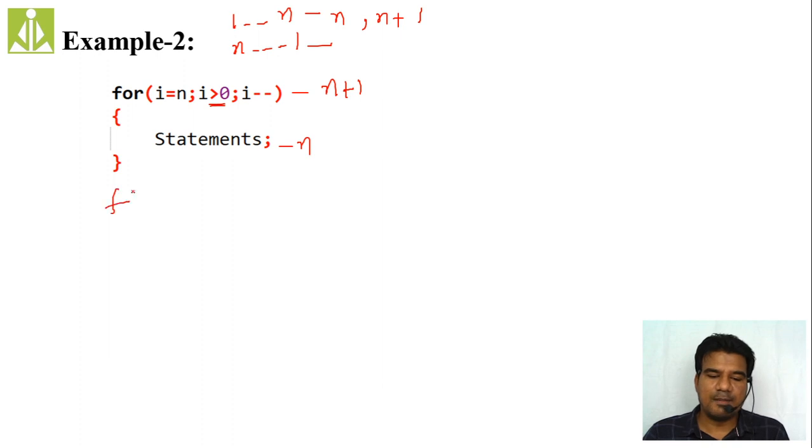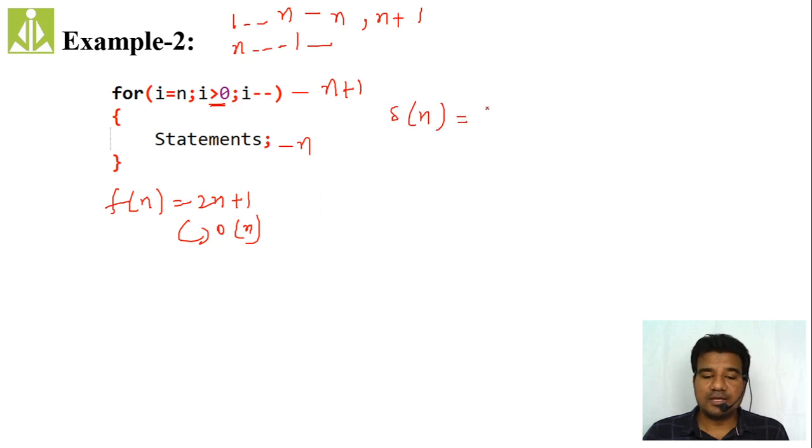Again, here my f of n will become 2n plus 1 and my order will be order of n. And my space function s of n, as I'm using only 2 variables, is 2, and my order will be order of 1. Whenever it is a constant, we will put order of 1 only.